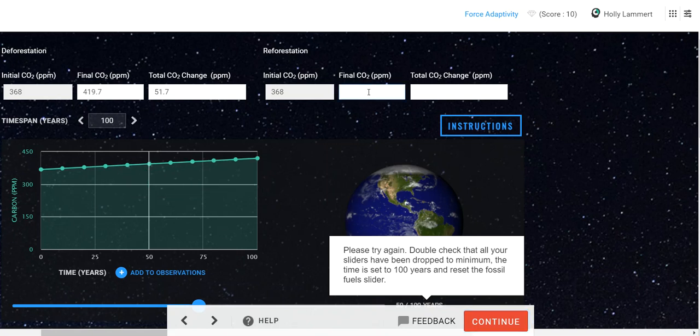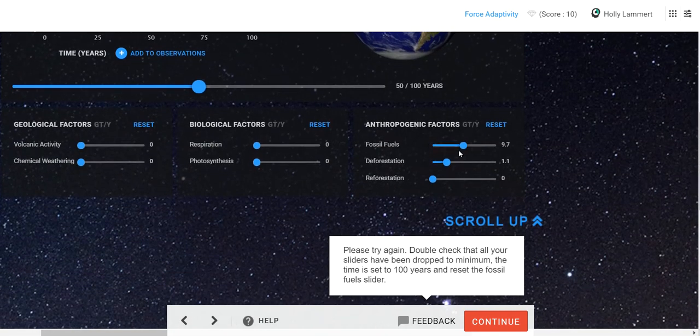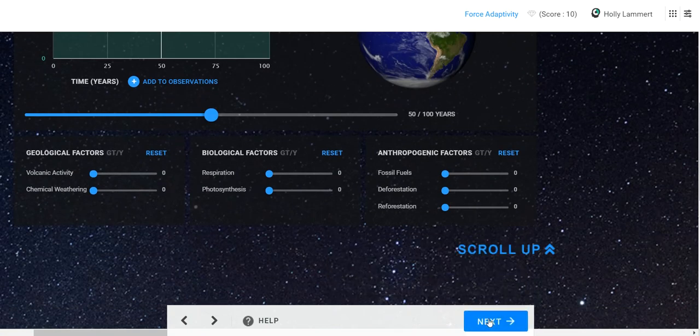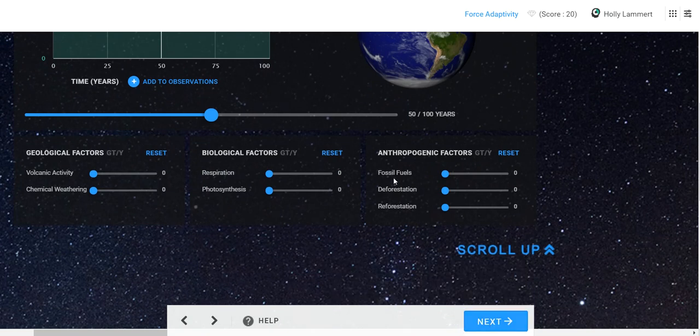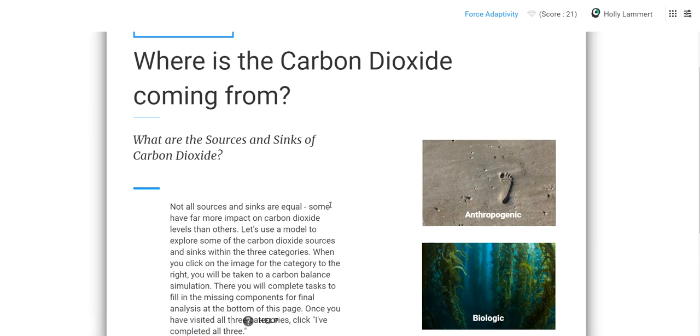Okay, and then reforestation, my guess is that it's going to be null, because let's reset these values, go back down to 368. There we go. All right, cool. So we've done all three categories.